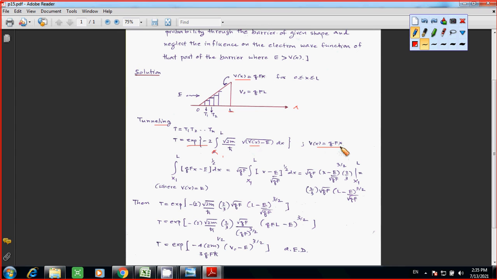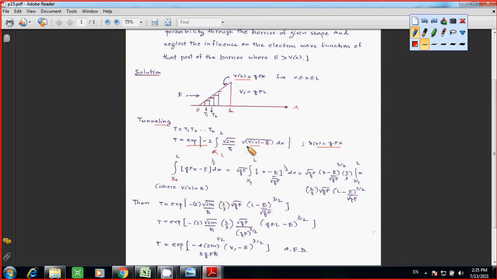And Vx, in terms of x, is qFx. For x1, we start from the point where the energy of the electron equals the potential energy. So we put our x1 where Vx equals E. Because we don't care about the lower limit of integration, we just care about the upper limit of integration.